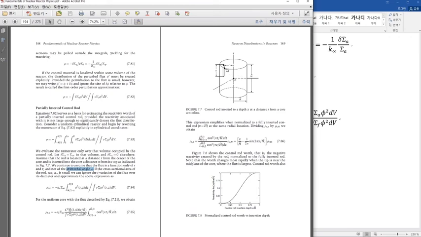That means this cross-sectional area is so small that we don't need to consider the difference between the neutron flux at R and at R plus the diameter of a control rod.